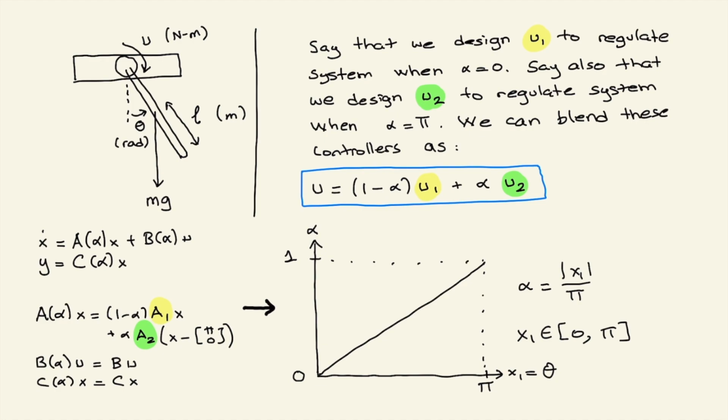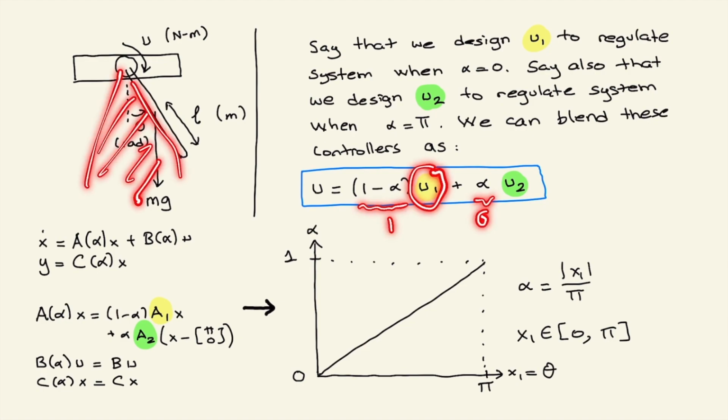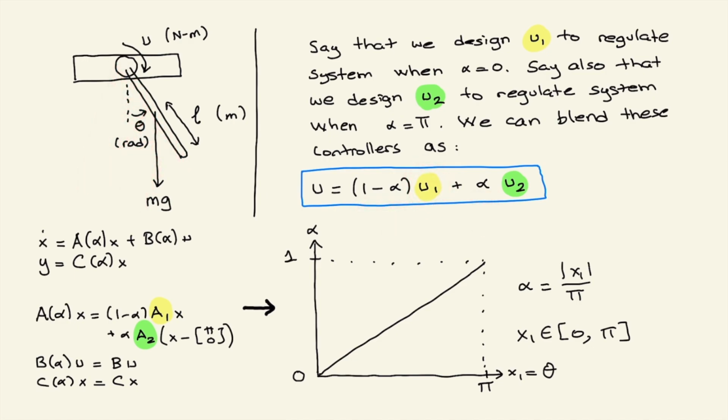So when alpha is 0, this term becomes 1, this becomes 0. So you are using U1 to control this system around this equilibrium point. Otherwise, you are going to use U2 since this term will drop out. So you are controlling the system around this equilibrium point. And this control structure will allow you to control your system from 0 to 180 degrees or pi.